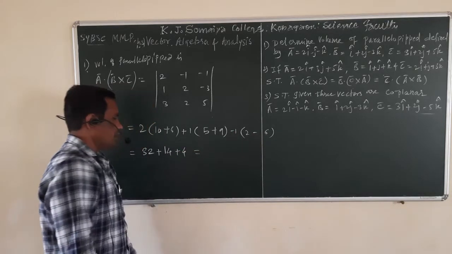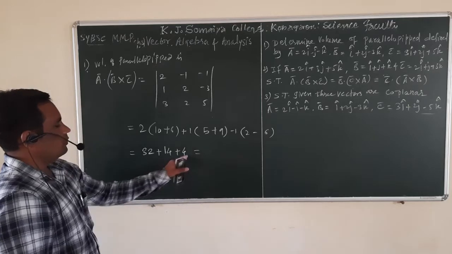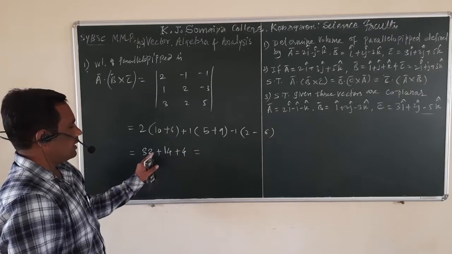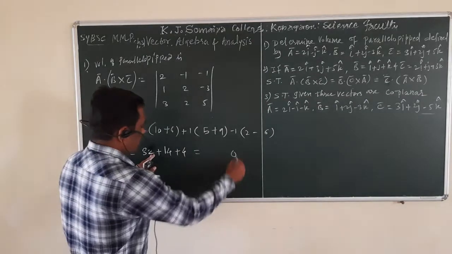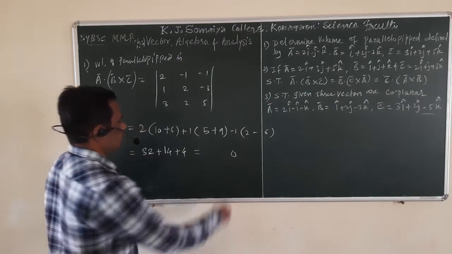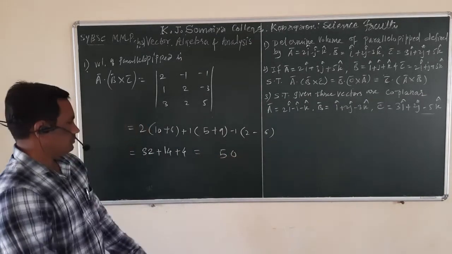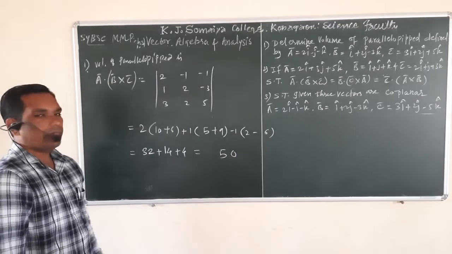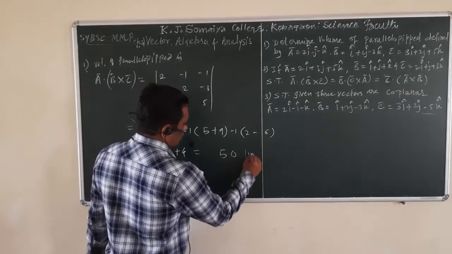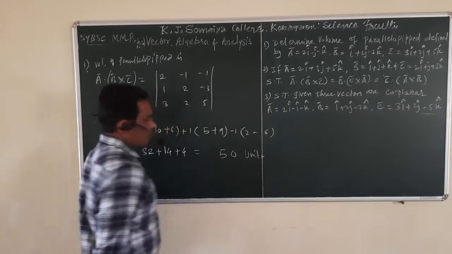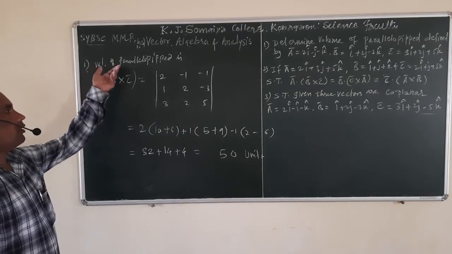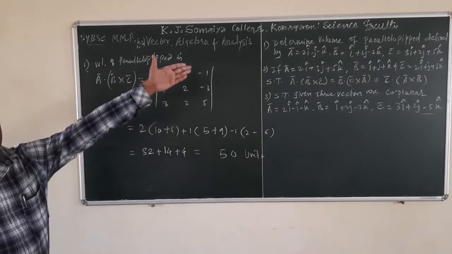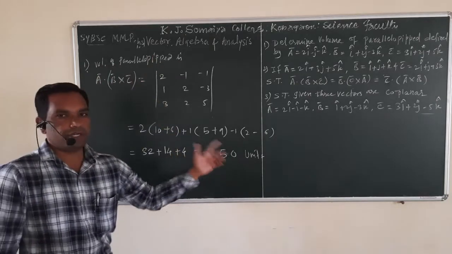So this is equal to 32 plus 8 plus 10, which is 50. The unit of this is simply units. So the volume of the parallelepiped formed by the given three vectors is 50 units.